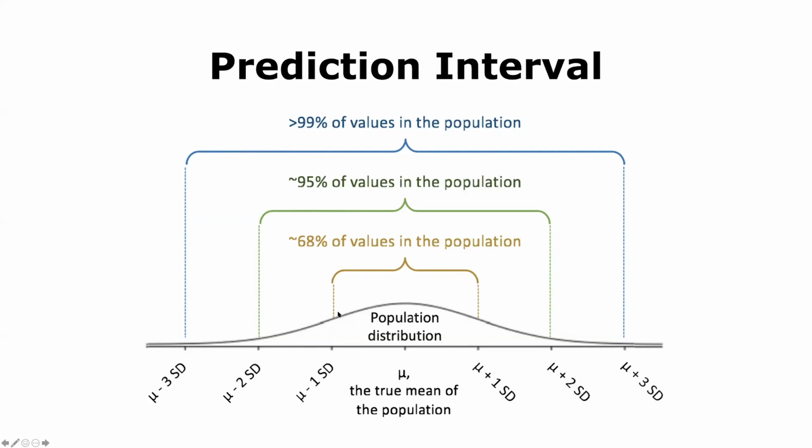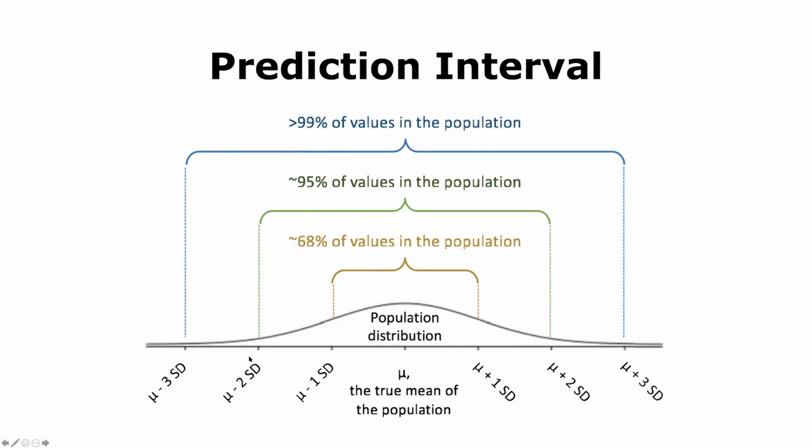Now, this is for a normal distribution, and most environmental contaminants are distributed normally, or they might be distributed log normally. The difference between normal and log normal is going to come in a future reading assignment. But so you take one standard deviation away.